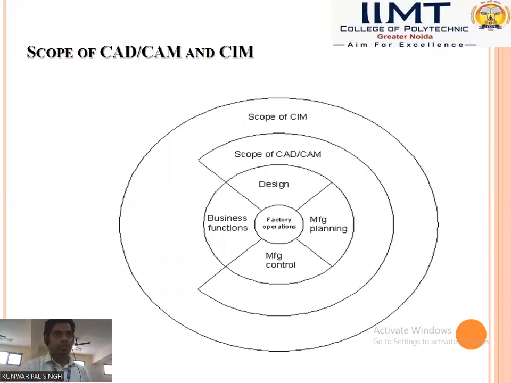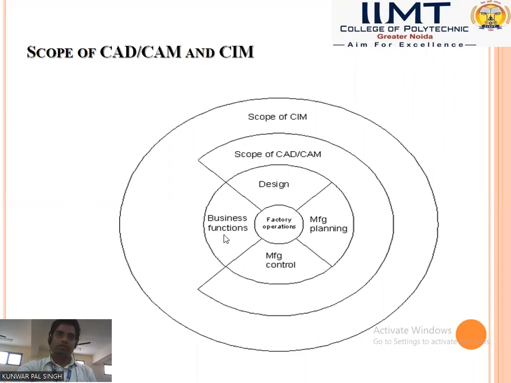What is the scope of CAD, CAM, and CIM? We see in the middle of this chart is factory operations. What are the factory operations? The factory does the design, the factory does manufacturing planning, manufacturing control, and business functions.